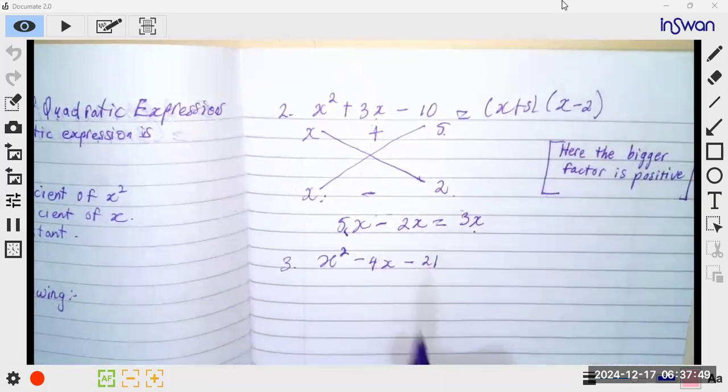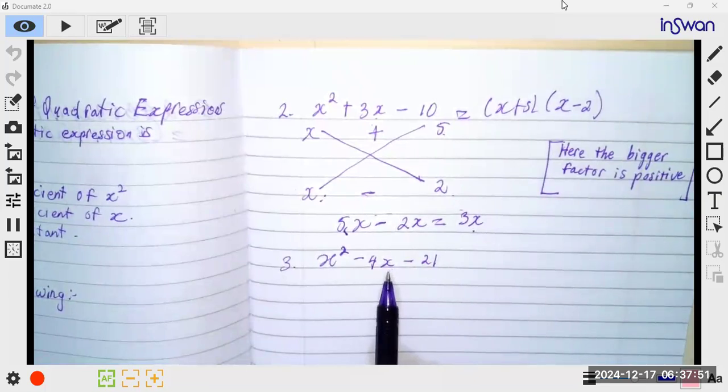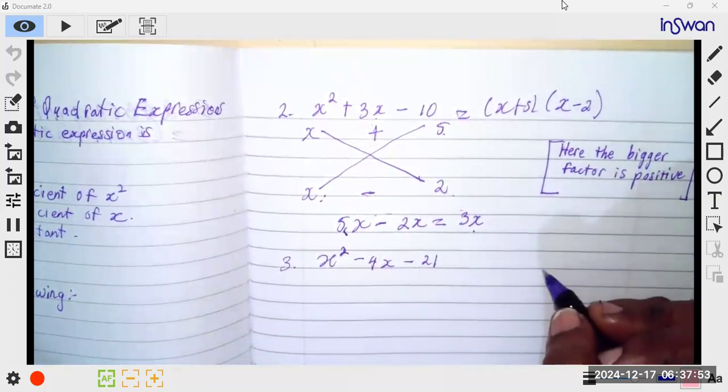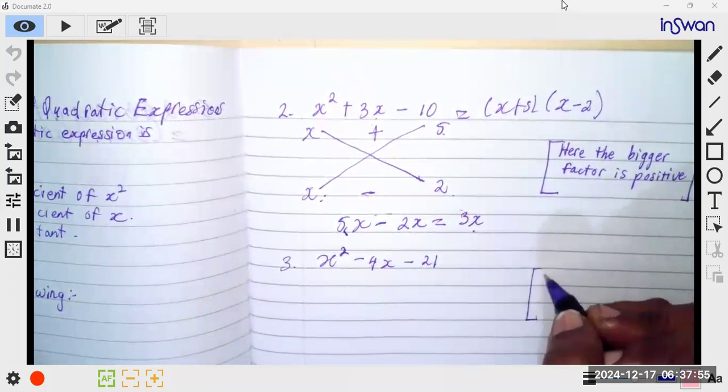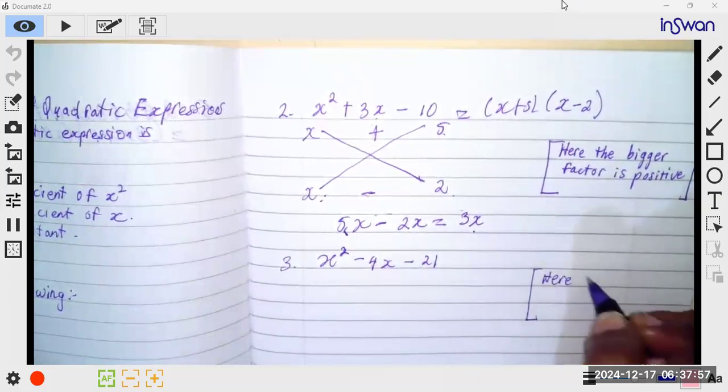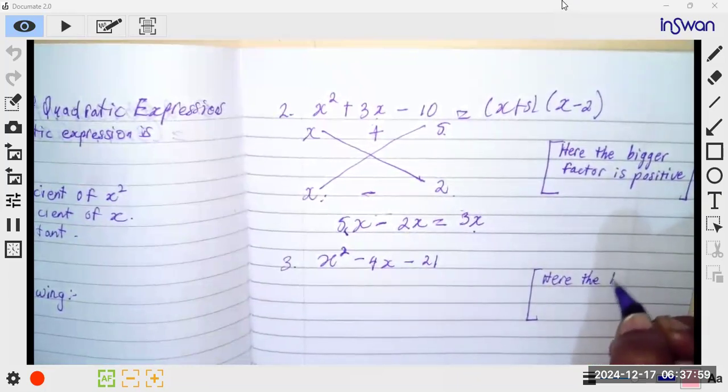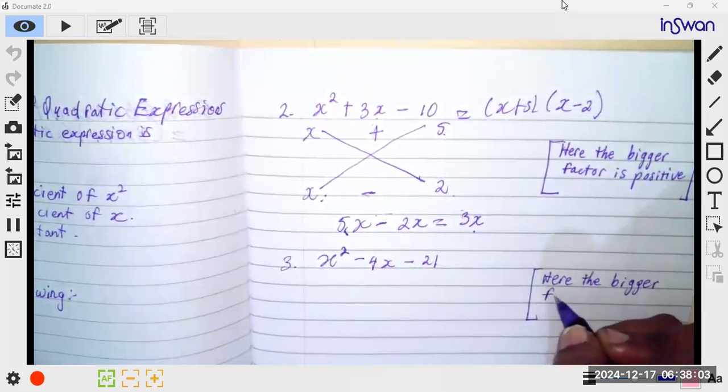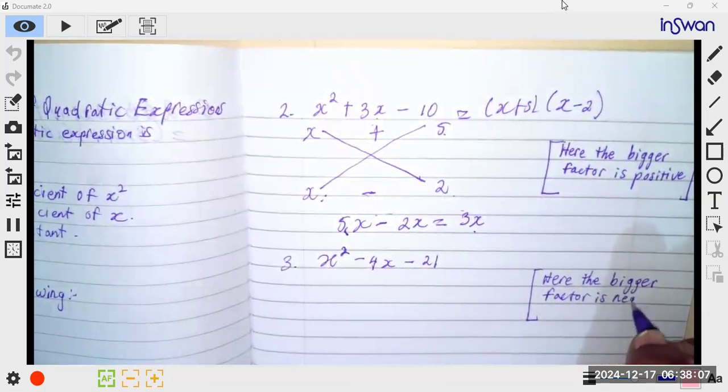But here, the bigger factor will be negative. Here, the bigger factor is negative.